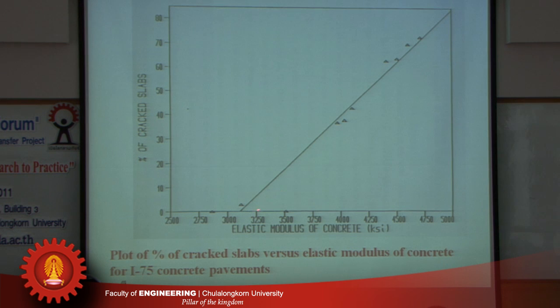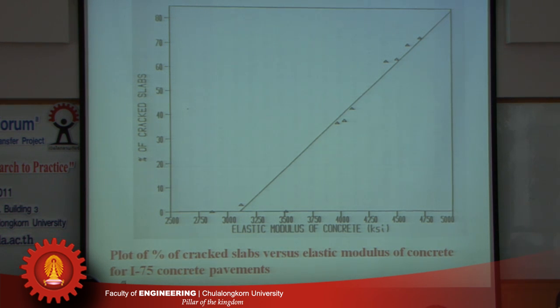And interestingly, the pavement with a concrete with a higher elastic modulus actually cracks more. Okay. This is kind of surprising because concrete with a higher elastic modulus is stronger, right? Okay, and so why would the stronger concrete crack more?